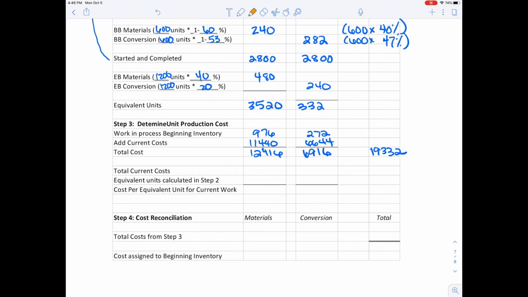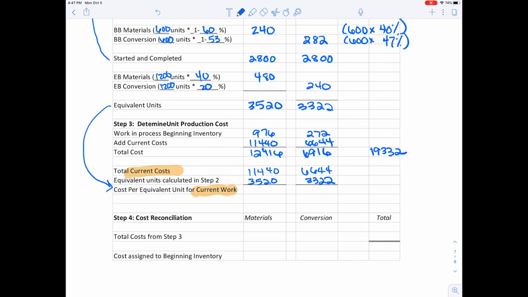But here, when we're calculating our cost per equivalent unit, we're only looking at those current costs. We want to know what was done this period. So I'm only bringing in those current costs. Then I'm going to bring in my equivalent units.